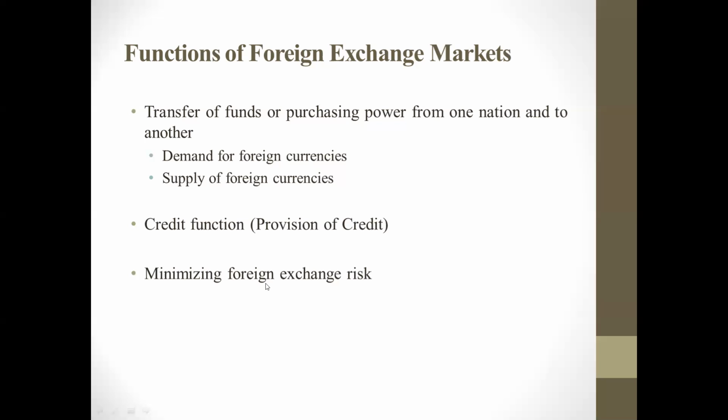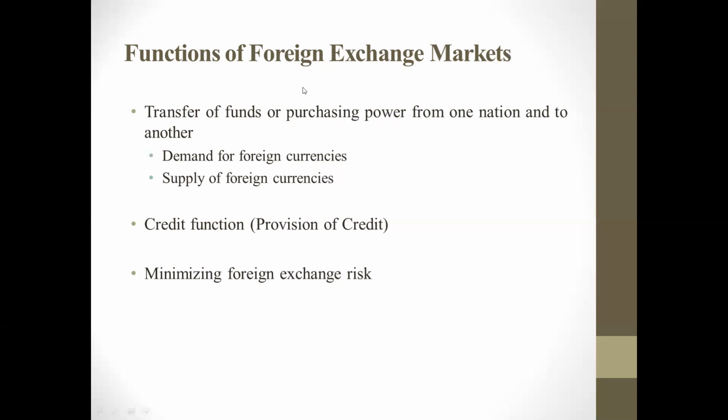For example, if today the exchange rate is 190 rupees per dollar, our currency is depreciating rapidly. Now it is 193 rupees per dollar today, and tomorrow it might be 195 rupees per dollar. We don't know whether it is going to increase or decrease, and that fluctuation is why we call it foreign exchange risk.